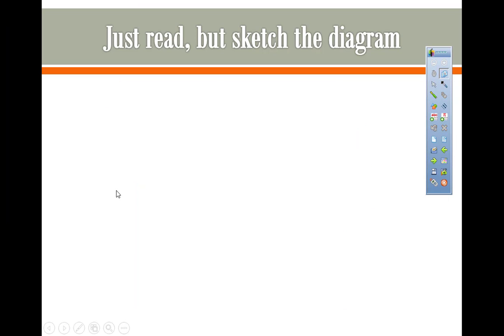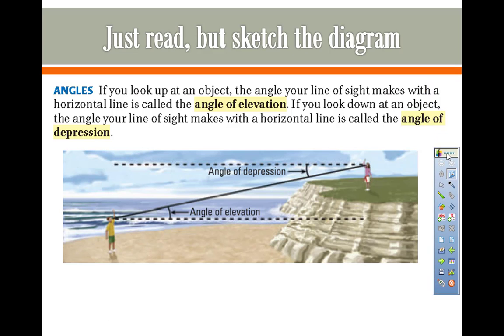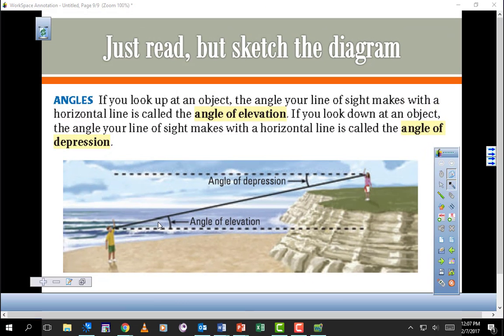Okay, let's continue. There are a couple of words that come up on your homework, and I want you to know about them: the angle of elevation and the angle of depression. Based on this picture, think of an elevator as going up, like when you go to the mall in the Tri-Cities, you take the elevator.